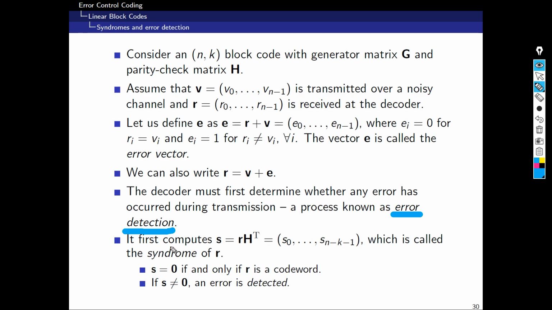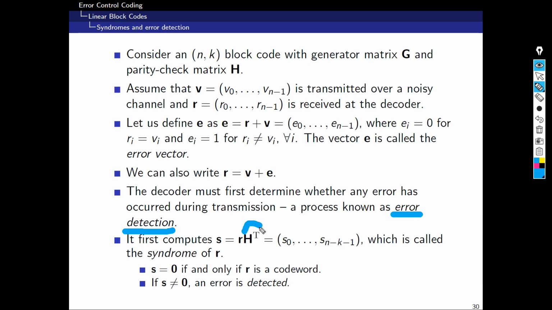This is the other approach, the systematic approach that utilizes the generator matrix and the H matrix at the receiver. What does it do? It first computes S. S is equal to R multiplied by H transpose.